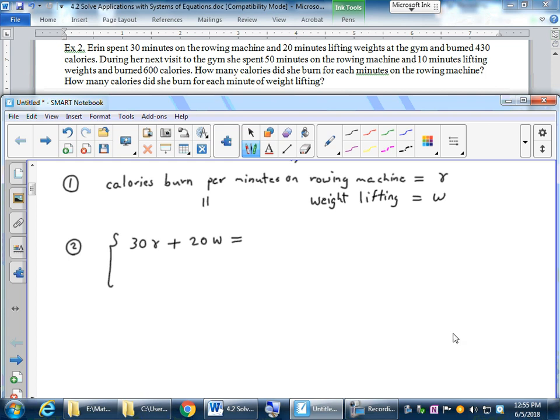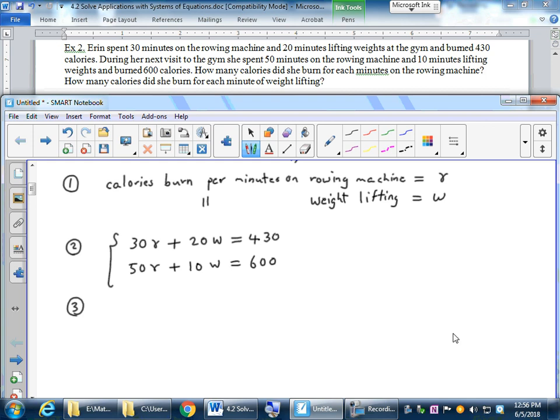These two combined together, that should be equal to 430. So similarly, for the second visit, we have 50 minutes of rolling and then 10 minutes of weightlifting. That is a total of 600 calorie burns. So with this system of equations, we can solve for it.